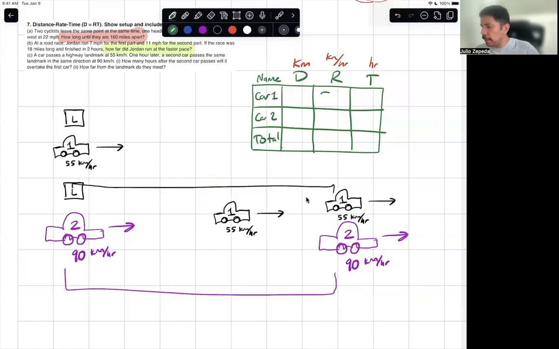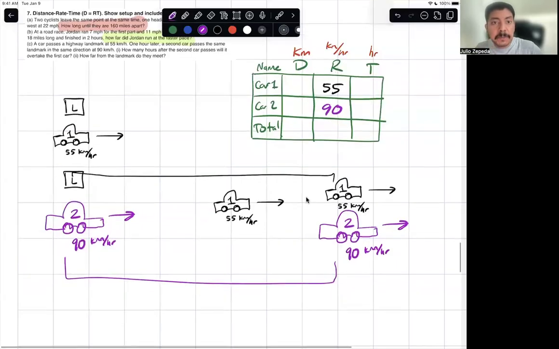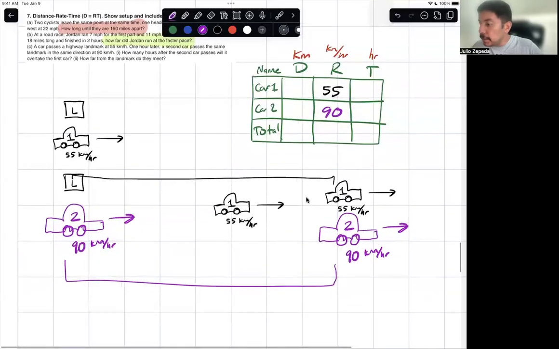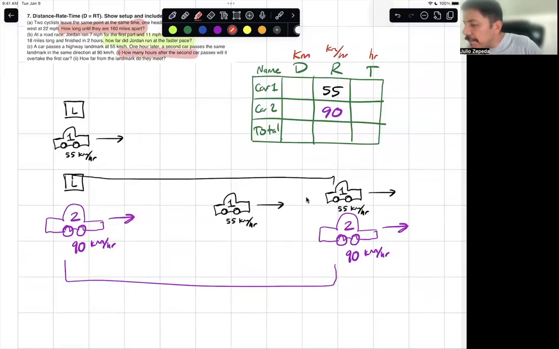Let me write that in black. The faster car is going 90 kilometers per hour. And now let's move on to the time that they've been traveling. This is actually one of the variables that we're going to assign because, as I said in the previous video, the question is how many hours after the second car passes will it overtake the first car?